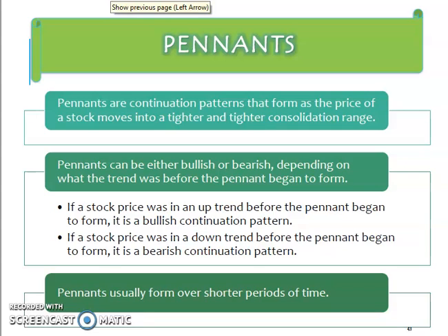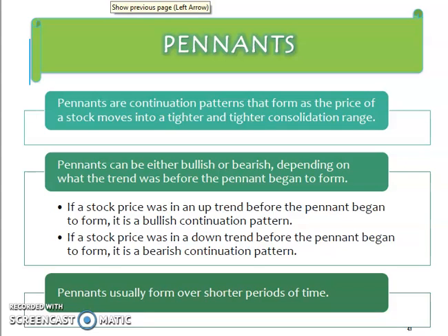For example, if currently the price is in an uptrend and it takes a break, makes a correction, and that correction looks like a pennant, then we call it a bullish continuation pattern. Whereas if the current trend is a downtrend and the price makes a correction, that correction we call a bearish pennant continuation.